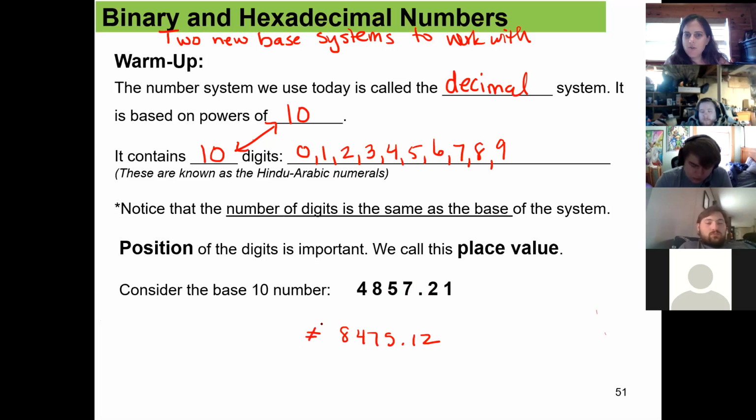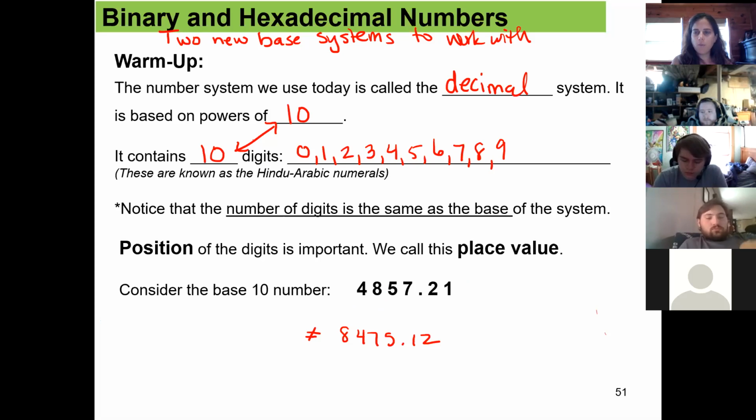You can't just swap digits. The place where they show up determines the number and how big or small it is. So we have to be very careful that we are paying attention to place value. It's easy in our decimal system because we're so used to it, so we want to keep that in mind as we move forward.